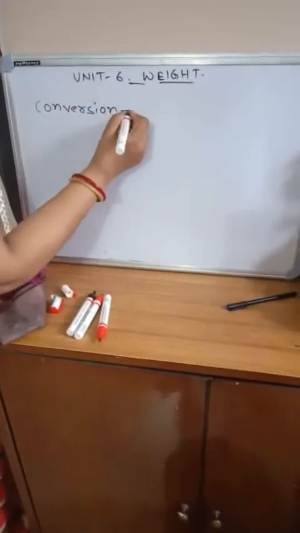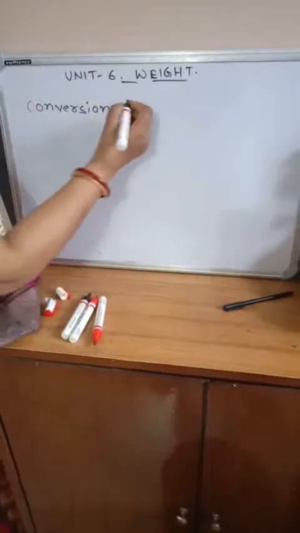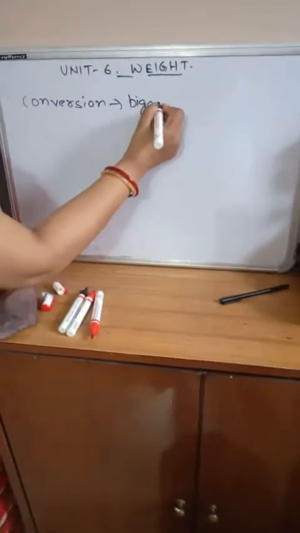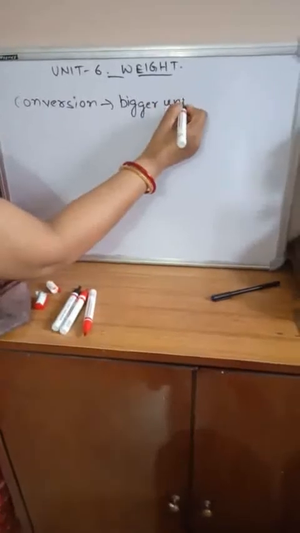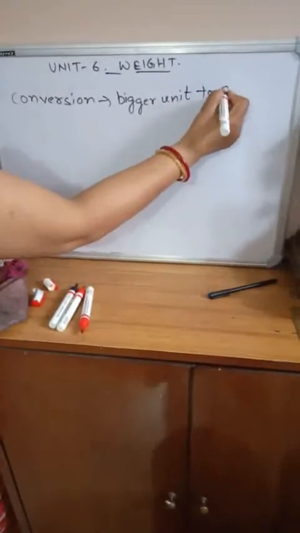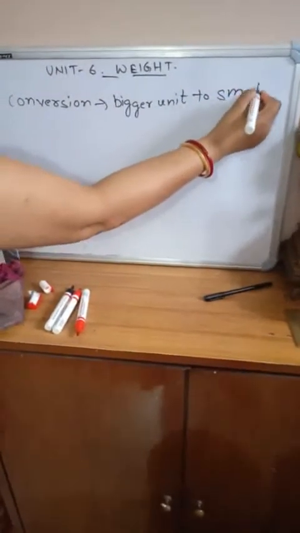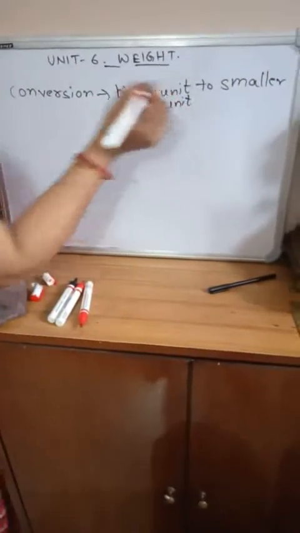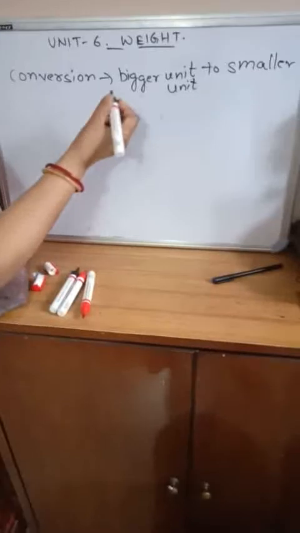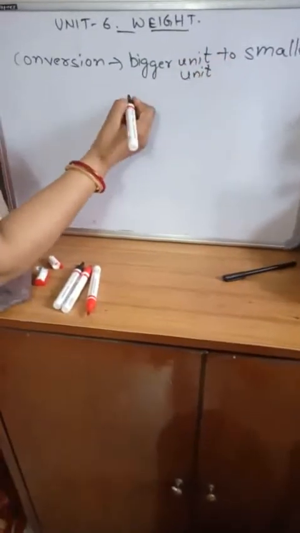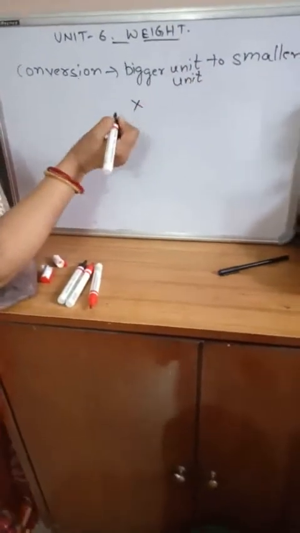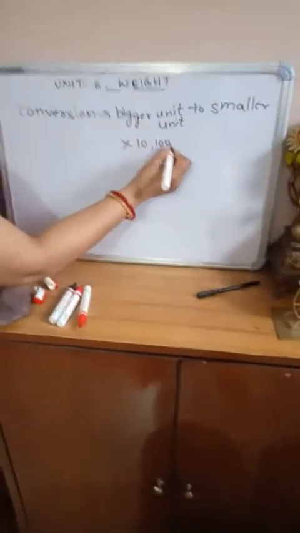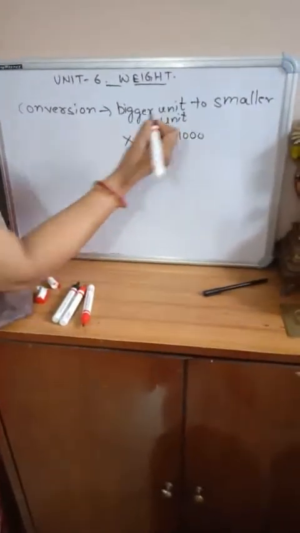Firstly, I have told you about conversion from a bigger unit to a smaller unit. So how to convert a bigger unit to the smaller unit? Simply by multiplying, by tens or hundreds or thousands.